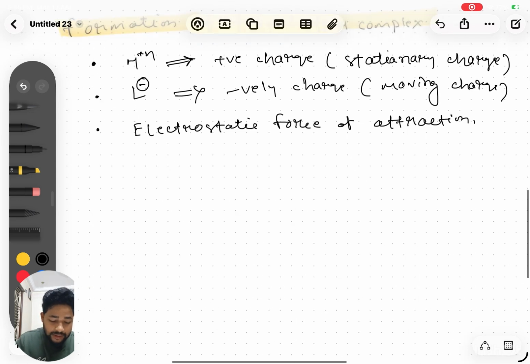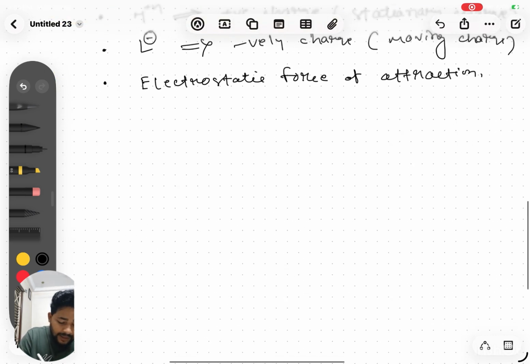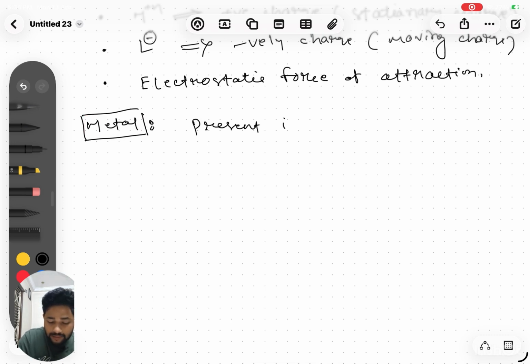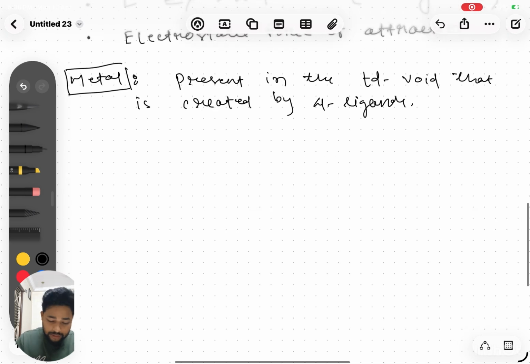Now see, in the formation of a tetrahedral complex, a metal is present in the tetrahedral void that is created by four ligands.